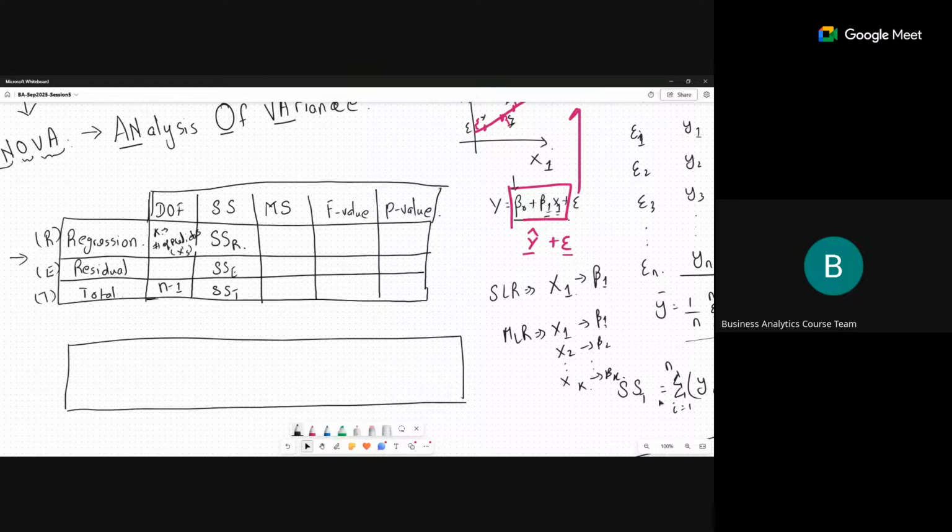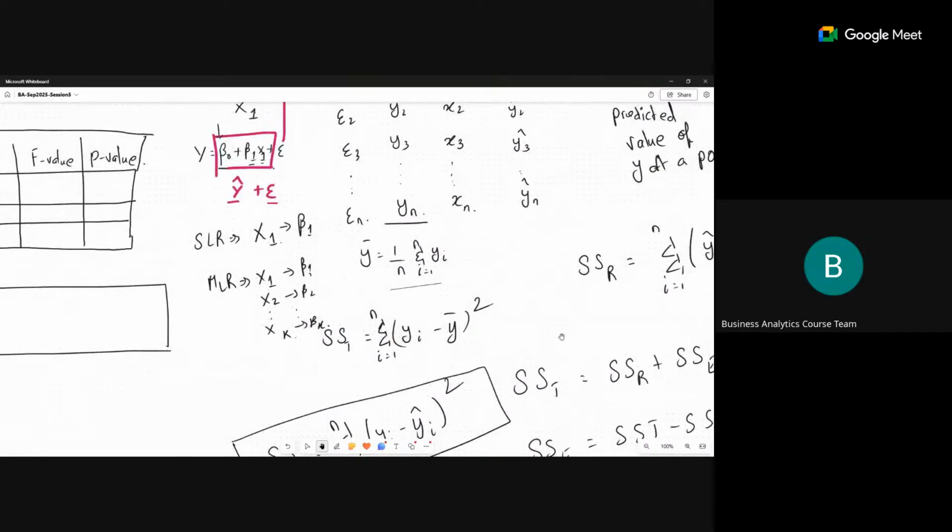In fact, for calculating SST, I need to know the y bar, for which I must do a computation from the sample. If I have to find the mean, 1 by n sum equal to y bar, if I have n minus 1 data points, I can find the last data point.